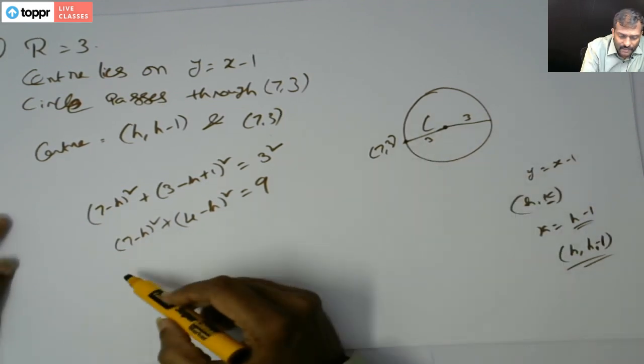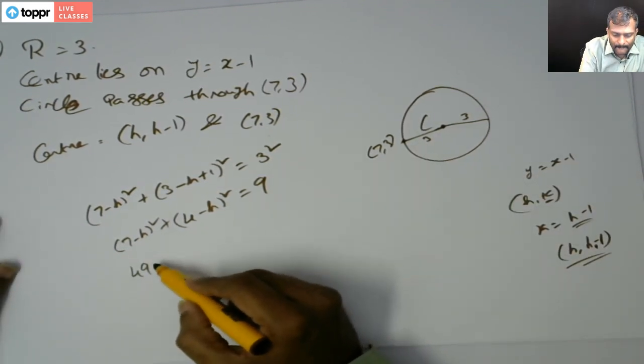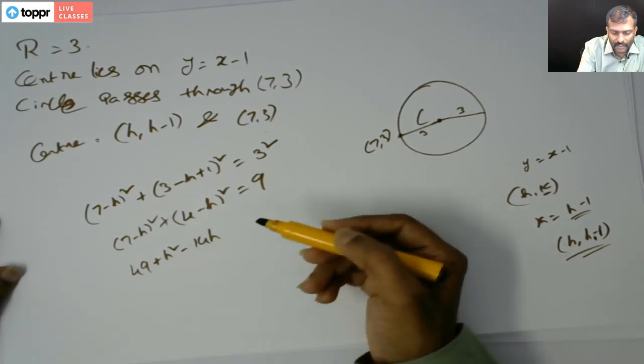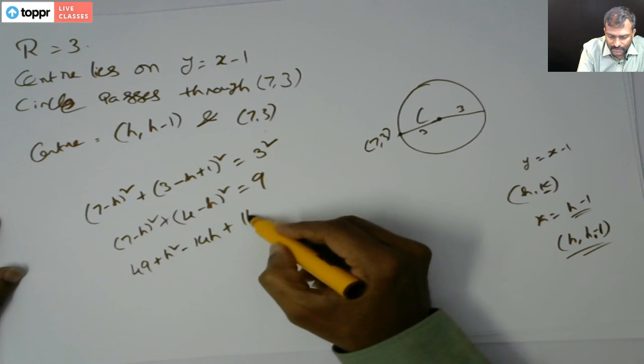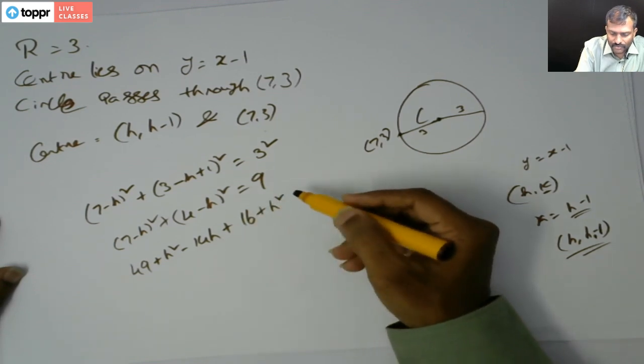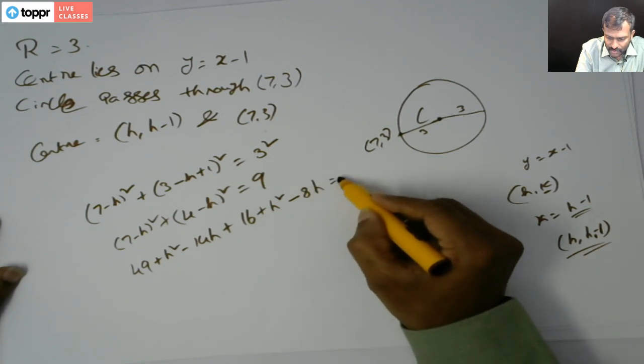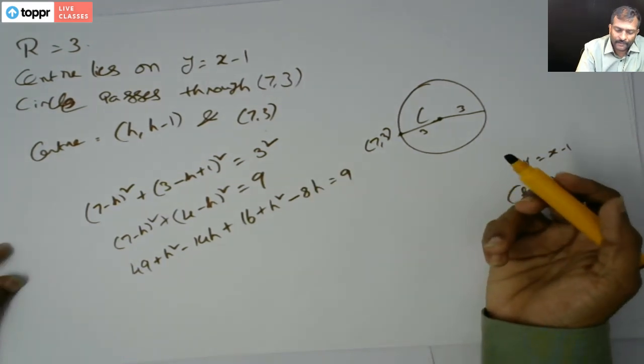So we can expand this: 49 plus h square minus 14h plus 16 plus h square minus 8h is equal to 9.